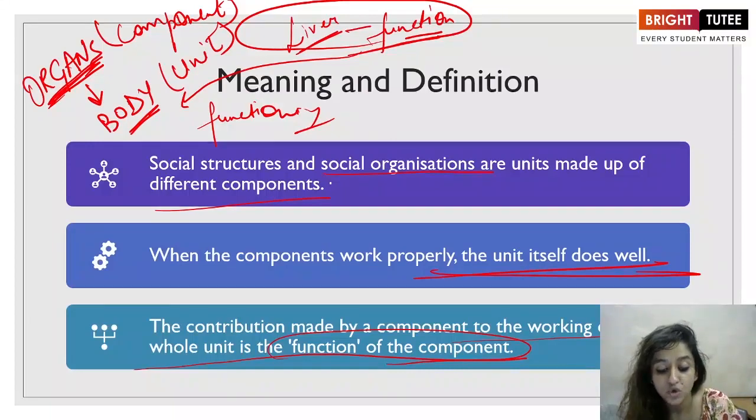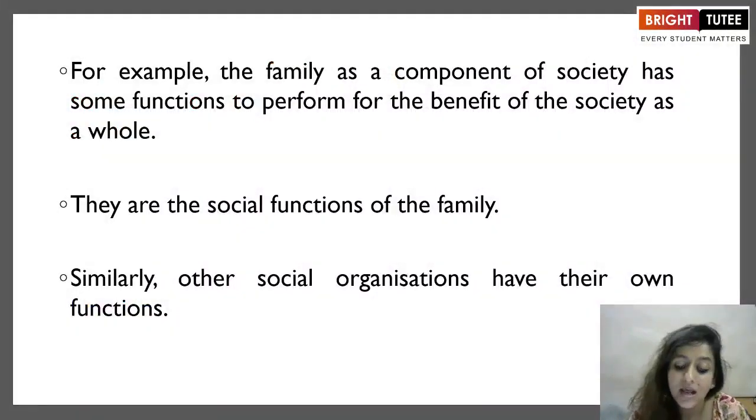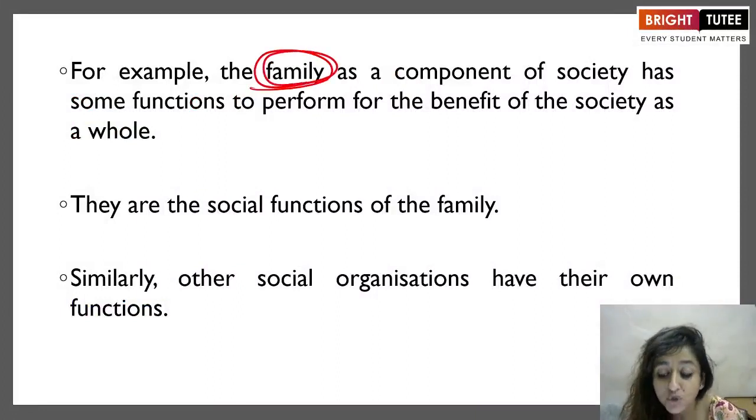They've taken a social example as well, wherein they are talking about family. So, family as a component of the society has some functions to perform for the benefit of the society as a whole.